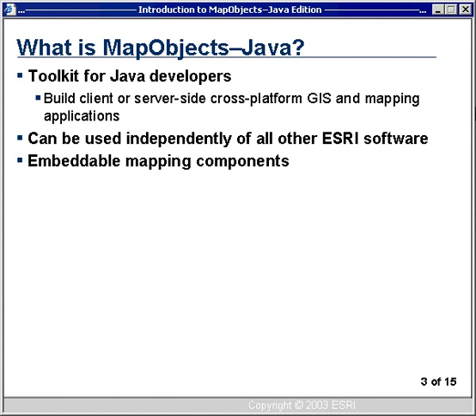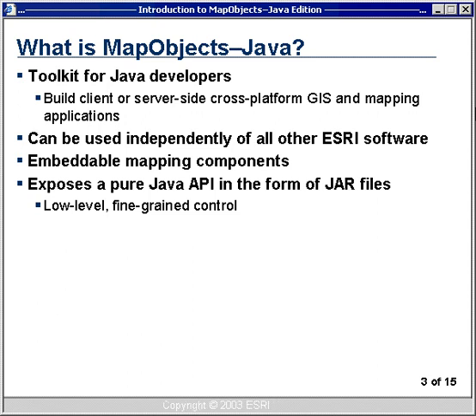The toolkit contains embeddable mapping components to create your applications. These components expose a 100% pure Java application programming interface that's distributed within jar files. As you know, the Java archive file format enables you to bundle multiple files into a single compressed file.